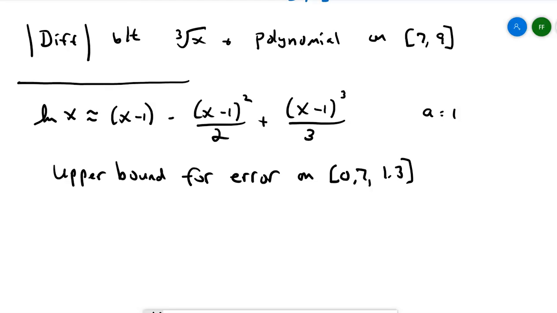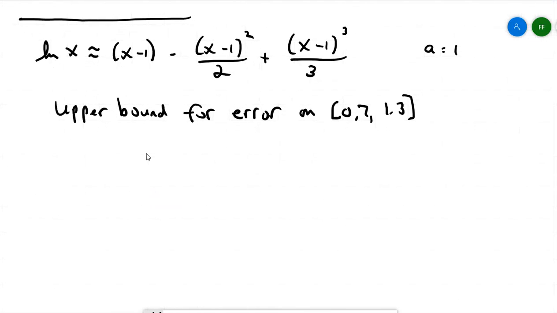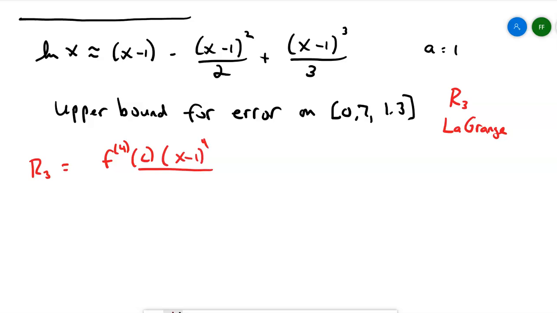All right, what do we need for an upper bound for error? Well, in this case, what I'm really looking for is the remainder after 3 terms. And again, for this, I'm going to use the Lagrange form of the error bound and see if that leads me anywhere. So the remainder after 3 terms is going to be the n plus first derivative, so that would be the fourth derivative evaluated at some c value, times (x minus 1) to the fourth over 4 factorial.